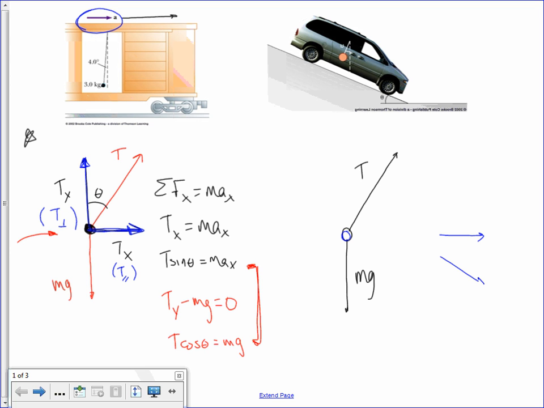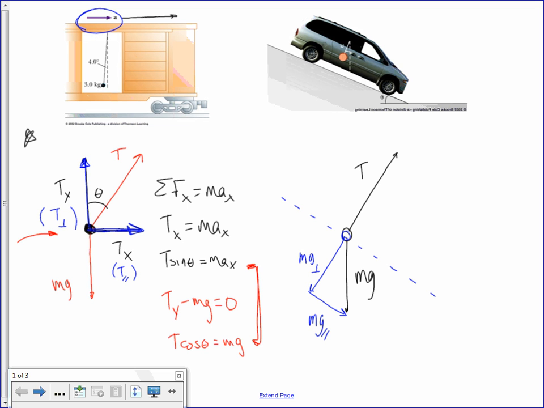It accelerates down an incline with the car. So therefore, the force that is not on one of these axes is mg. And it makes sense to draw components of the force that's off axis.